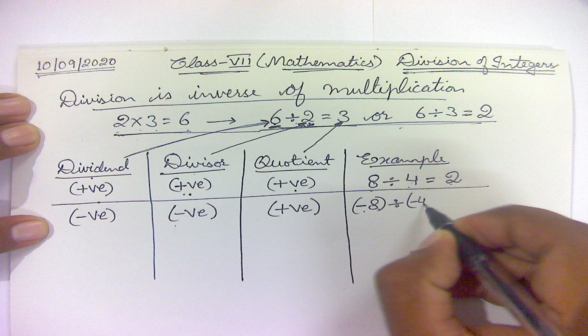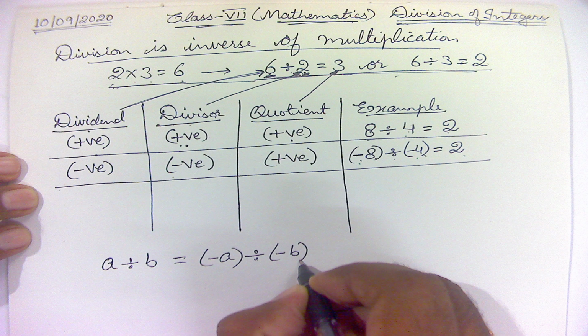So keep in mind, if both the dividend and divisor are positive or both negative, the result will always be positive. We can conclude that A divided by B is the same as minus A divided by minus B. You can see 8 divided by 4 or minus 8 divided by minus 4 both give you the same quotient. So these two are equal.